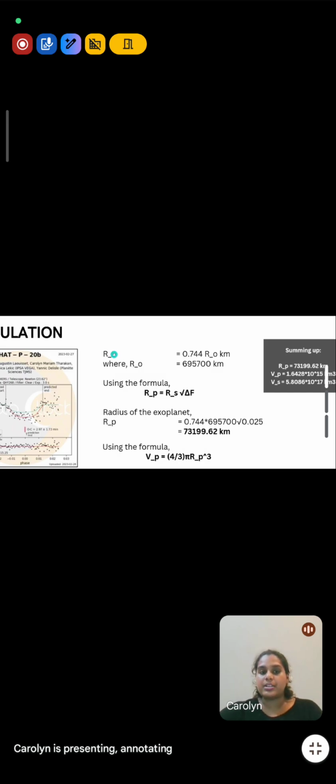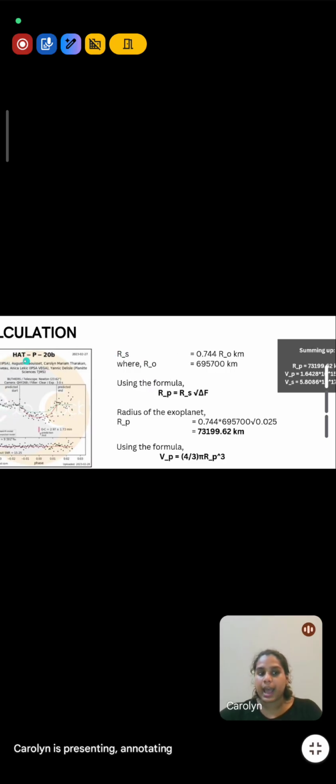So we know from a tool like AAVSO that the host star's radius, that is HAT-P20's radius, is 0.744 of the solar radius. R-sun is nothing but the solar radius. And solar radius is standard, that is 695,700 kilometers.